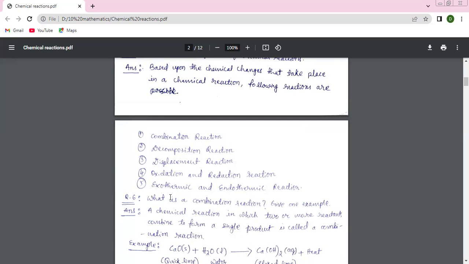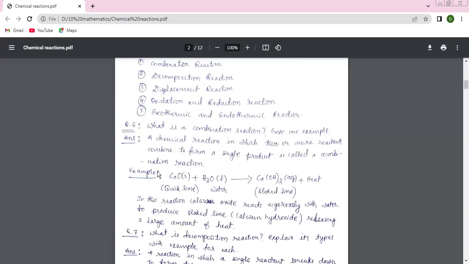And fifth is the exothermic and endothermic reactions. So these are the different types of reactions which generally take place depending upon the different kinds of reactants involved in a chemical reaction. Next we'll see them one by one.